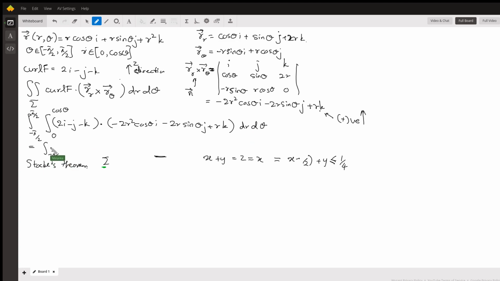Okay, let's write this down. Negative pi over 2, 0 to cosine theta. So we get negative 2r squared cosine theta. So this should be 4 here.